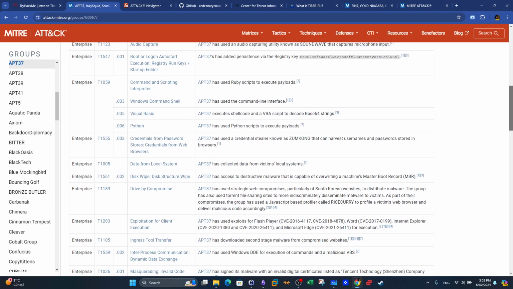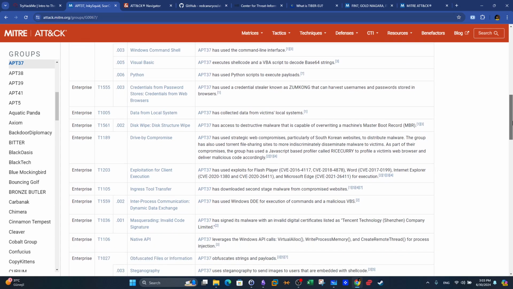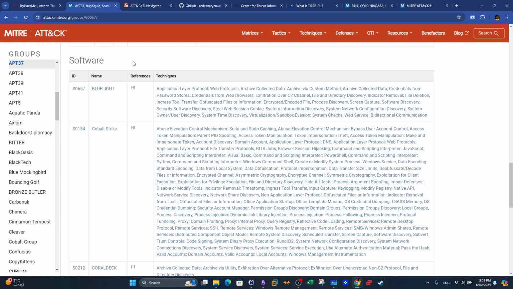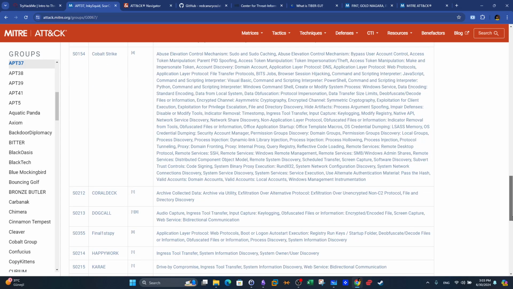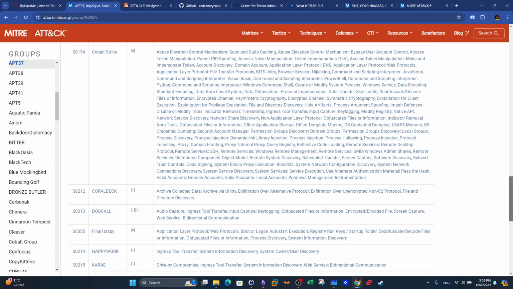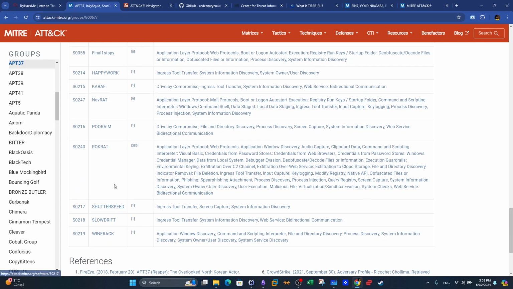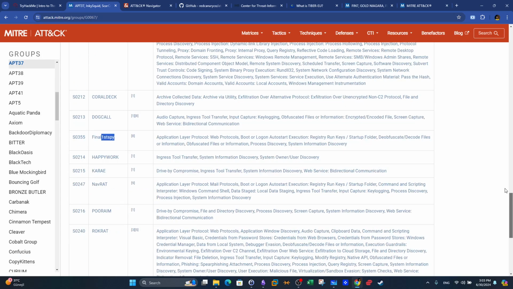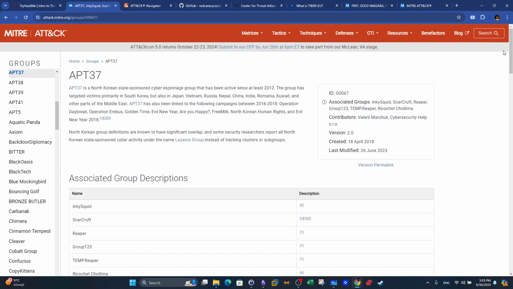Okay, so going further with this, we see the tools used here. What are the tools? They use BLUELIGHT, Cobalt Strike, Mimikatz maybe. There is no Mimikatz. Okay, so this is the profile of APT37.